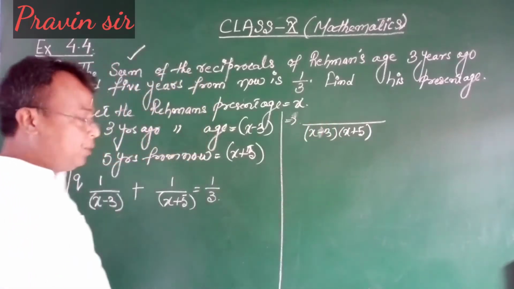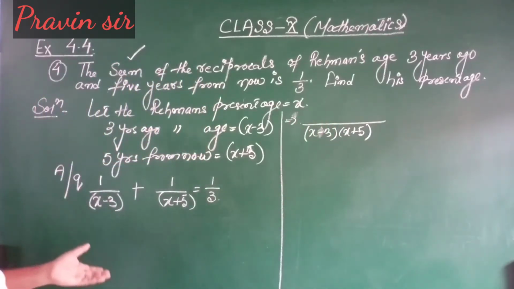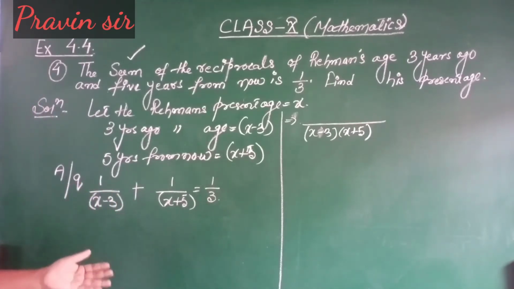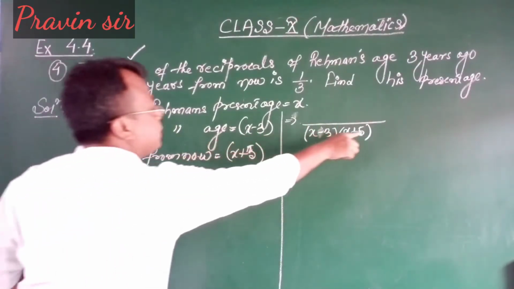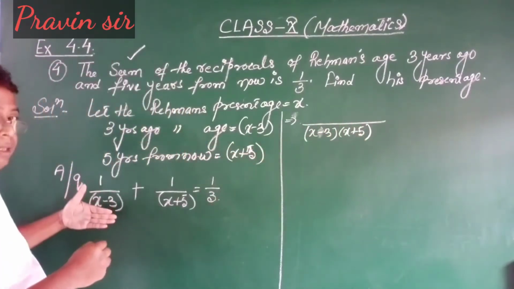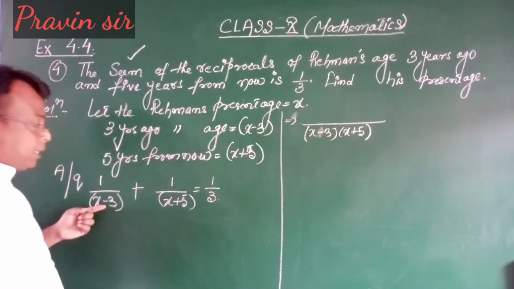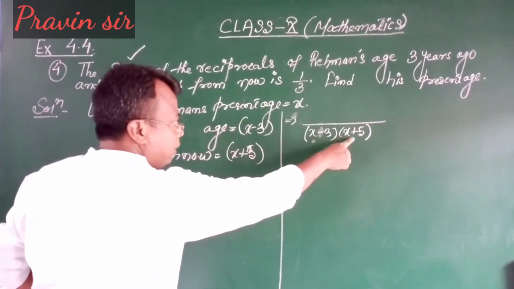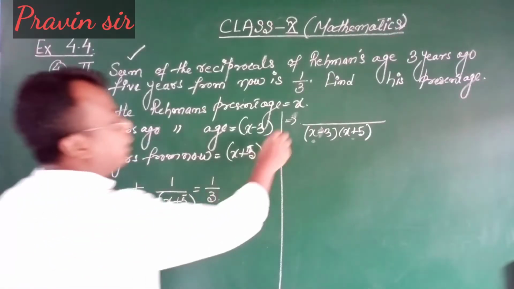Now, you know how to add fractional numbers. Similarly here also the same process: LCM divided by the denominator. If this LCM is divided by x minus 3, x minus 3 and x minus 3 cancel out, then x plus 5 will remain, so x plus 5 into 1, x plus 5.